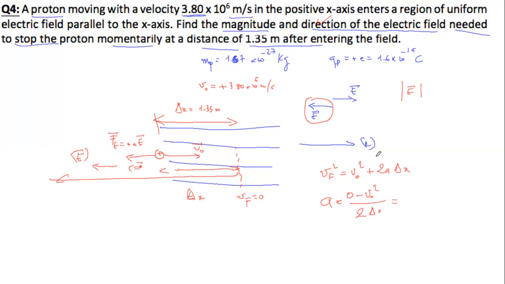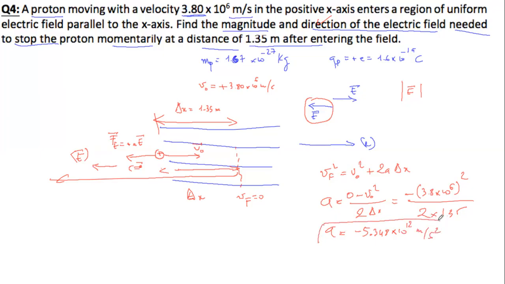This will give me the acceleration. I find an acceleration of minus 3.8 × 10^6 squared divided by 2 times 1.35, which gives an acceleration of minus 5.348 × 10^12 meters per second squared.